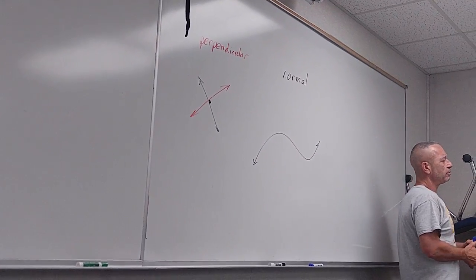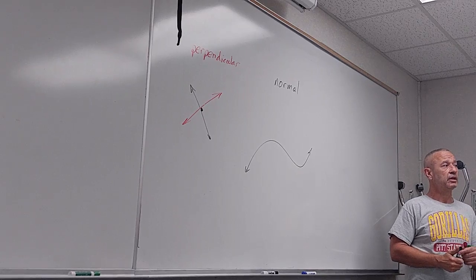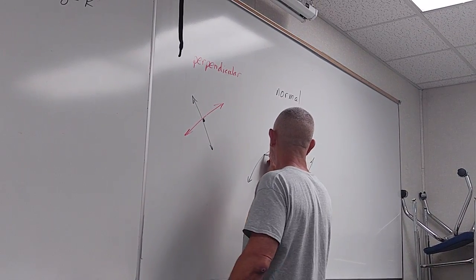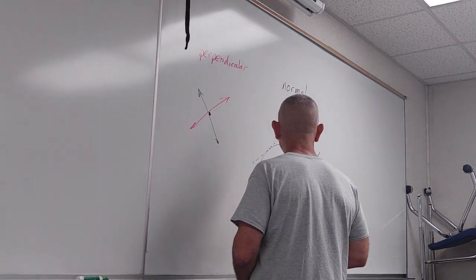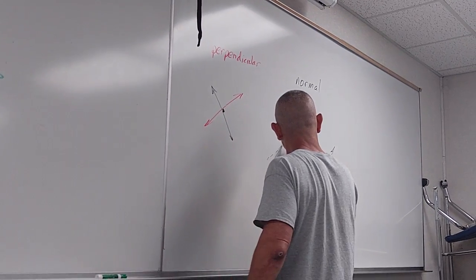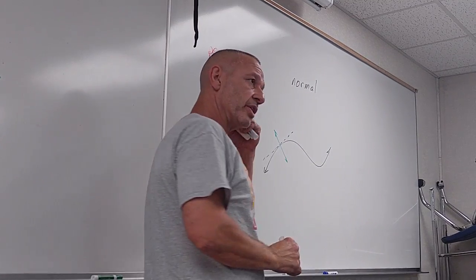And what we mean by saying perpendicular to a curve is perpendicular to the tangent line drawn at the point of tangency. So if we were talking about, say, this point, we would have to find out what the tangent line is. And now the normal would be the line perpendicular to the tangent line, and therefore perpendicular to the curve.